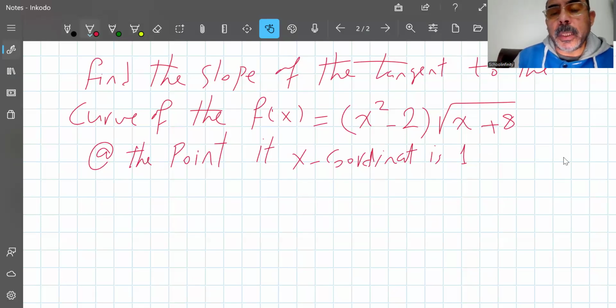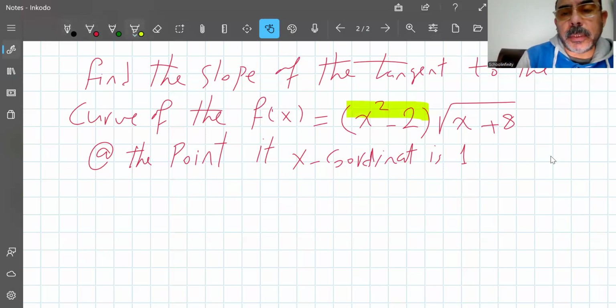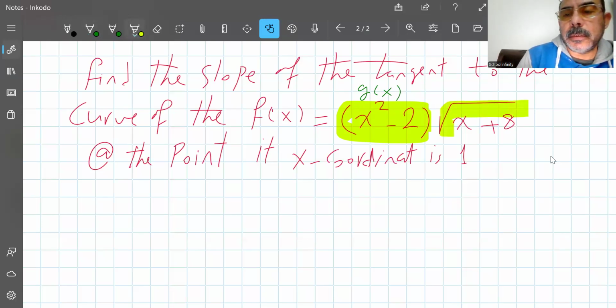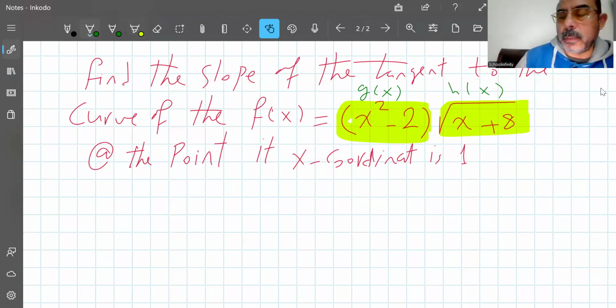And then we can call the first one, which is x squared minus 2, as g of x. And then the second factor, which is square root of x plus 8, is h of x. Okay?